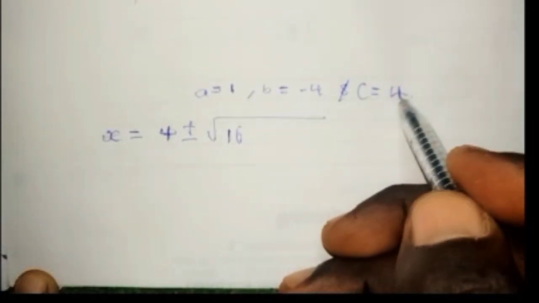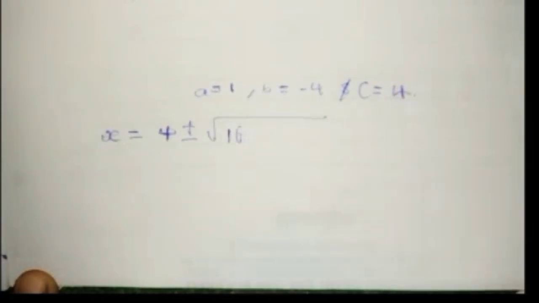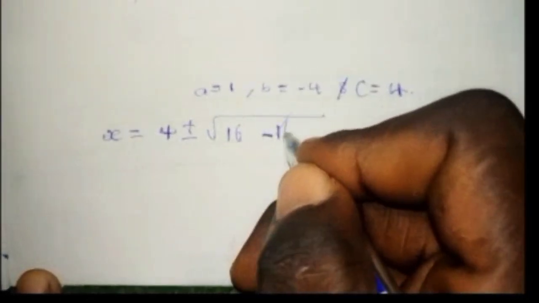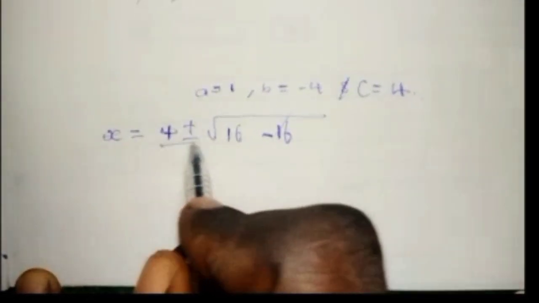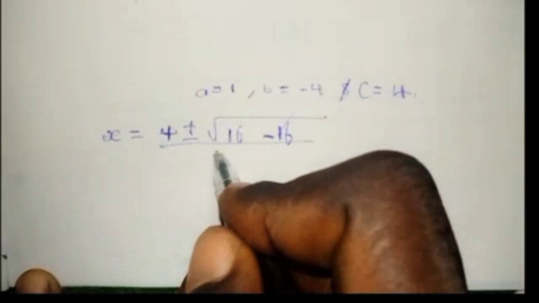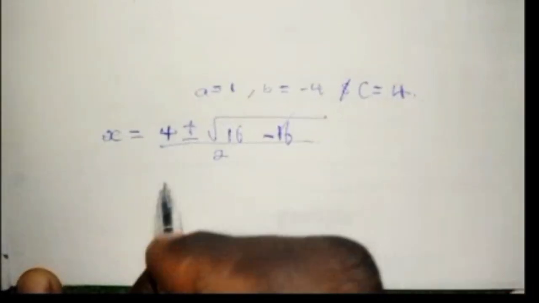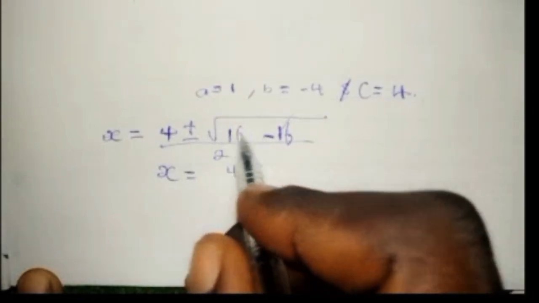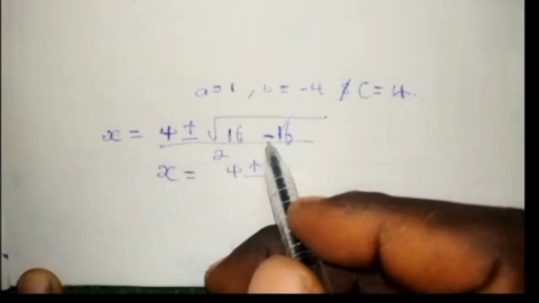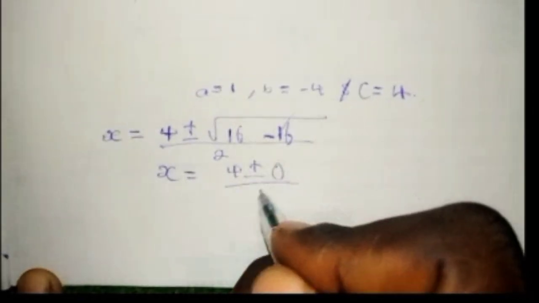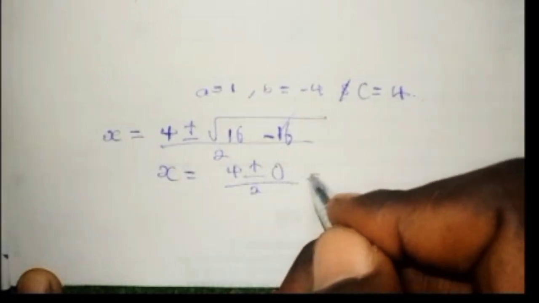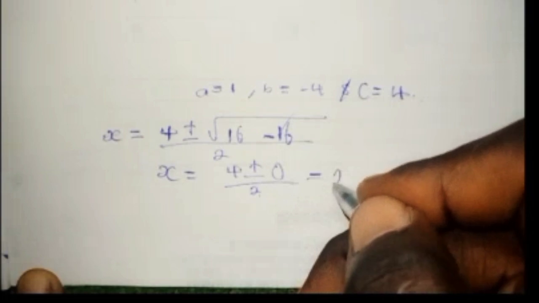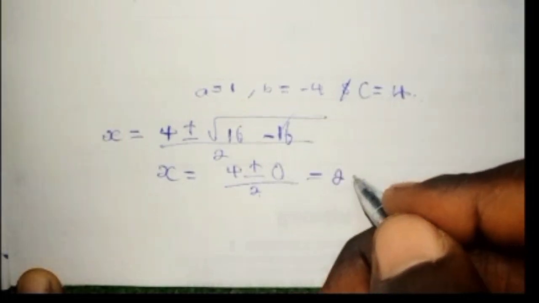So putting it into the formula, we have x is minus minus 4, that's plus 4, plus or minus root of minus 4 squared, that's 16, and the second side we have minus 4 times a, which is 1, minus 4 times 1 times c, which is 4, that's minus 16, divided by 2 times a, which is 2.